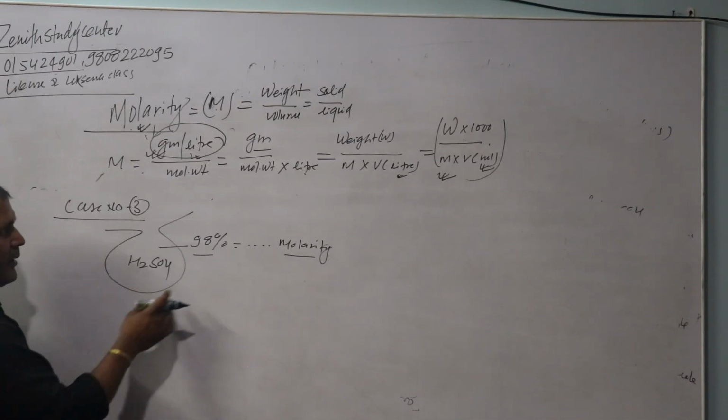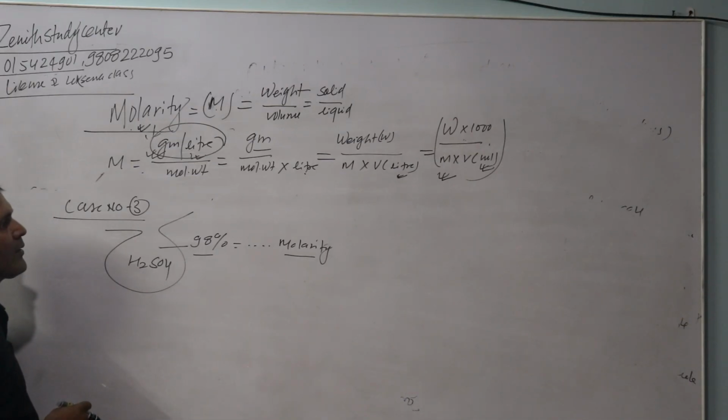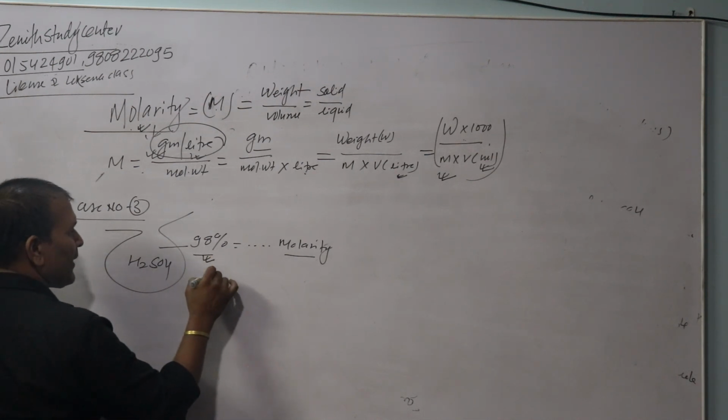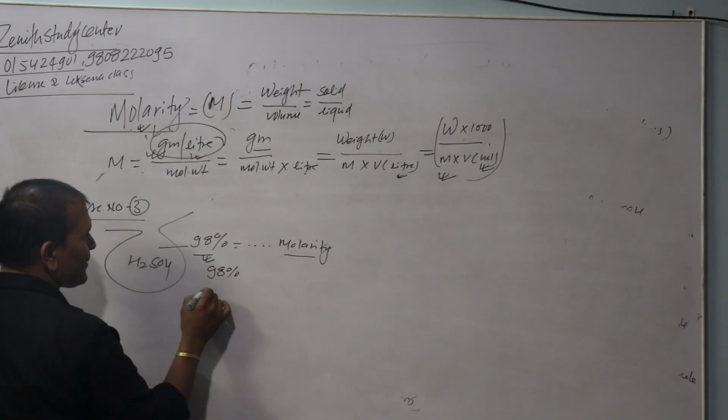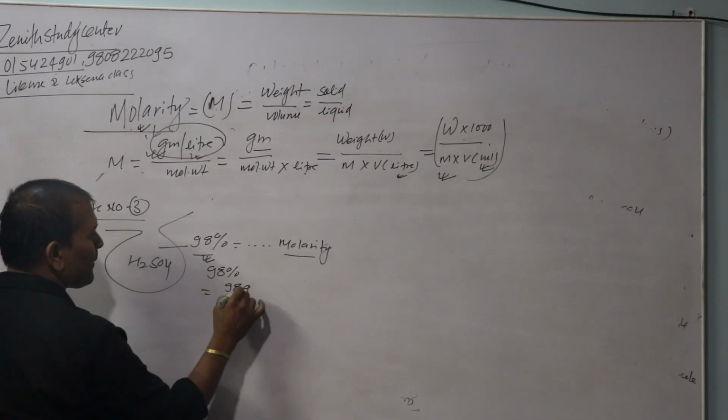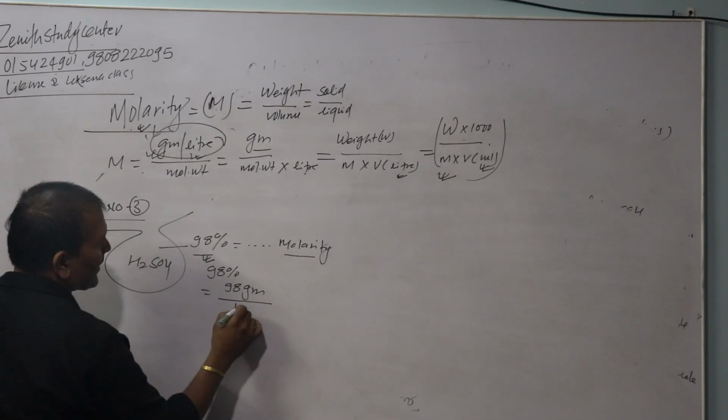At that condition, how do we calculate the molarity? First we have to know what 98% means. 98% means 98 gram in 100 ml.